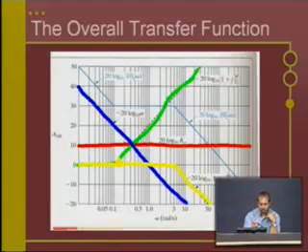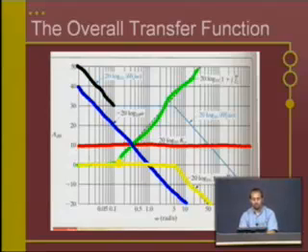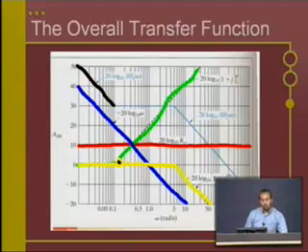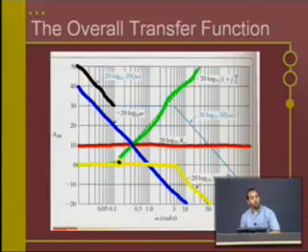So our final version of the Bode plot starts out decreasing at 20 dB per decade until it gets to the point where we reach the corner frequency of our 0. Then the positive 20 dB per decade slope of the 0 and the negative 20 dB per decade slope of the pole cancel each other out. And you'll have a constant value for a certain period of time until the next corner frequency from another pole or another 0.